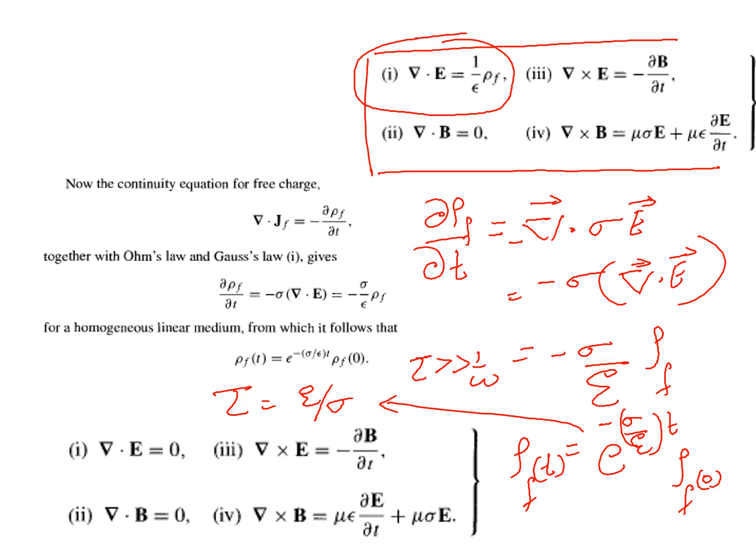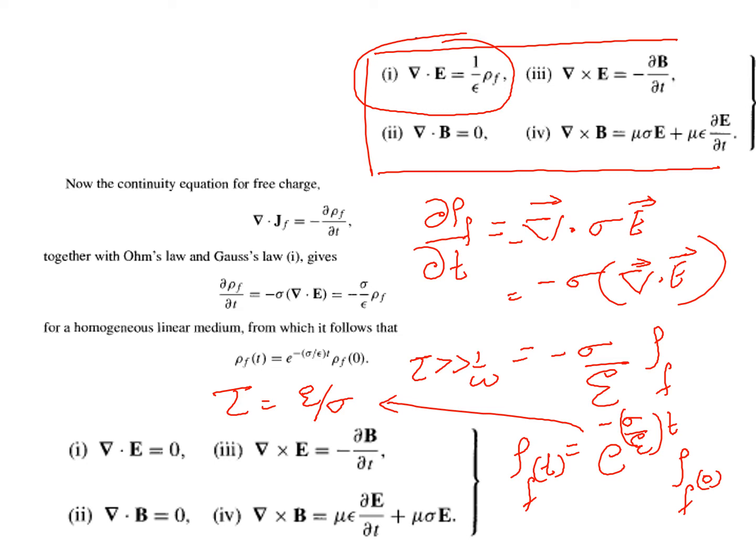Anyway, we are not interested in this transient behavior, but we will wait for any accumulated charge to disappear. That means whatever the time it takes, we'll wait for rho f, the free charges inside, to be 0.